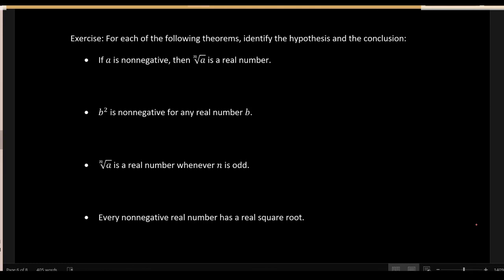The hypothesis comes directly after if. This is the condition that must be satisfied before the theorem becomes unlocked. And here, after the word then, is the conclusion. In that setting, you can safely and logically conclude that the nth root is a real number.